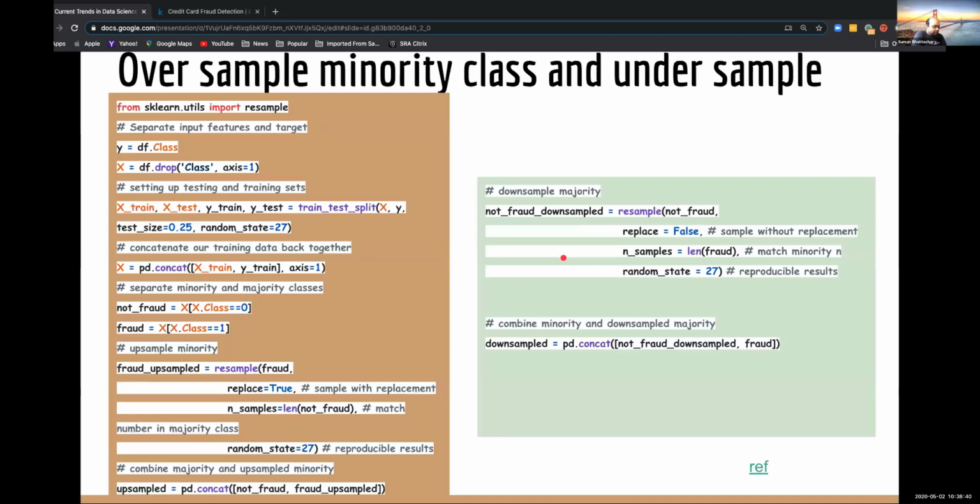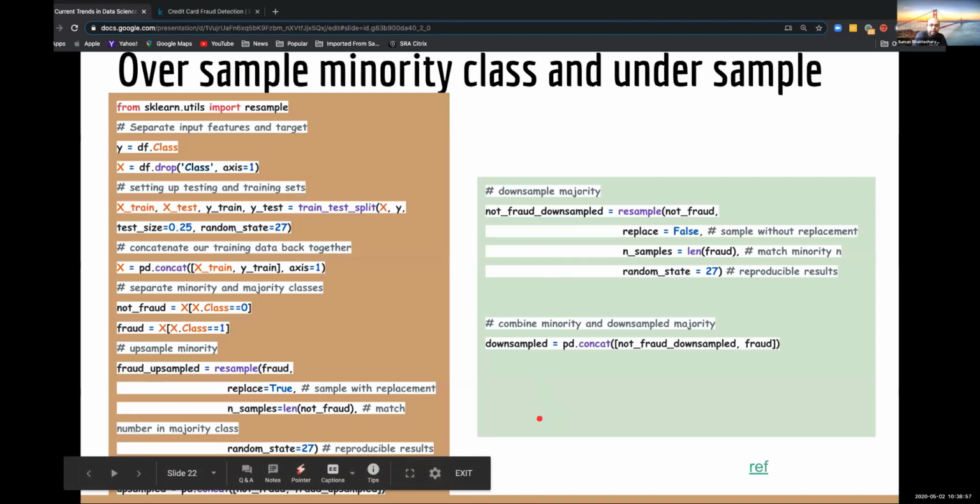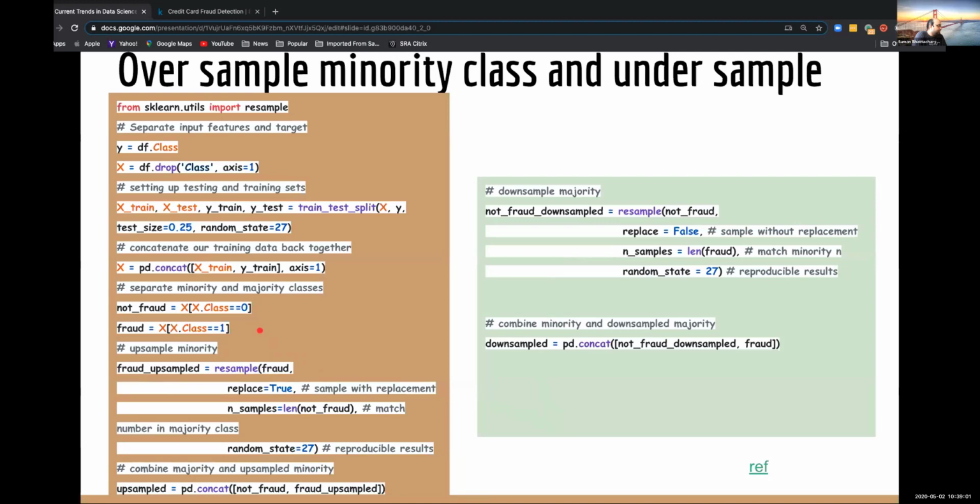Now getting to the sampling strategies, here is a code snippet. Basically, we have two choices. One is we can upsample the minority class, or we can downsample the majority class. The way to do this is first we take our data set and distinguish the not fraud and the fraud, and then we can upsample the minority class, which is fraud.